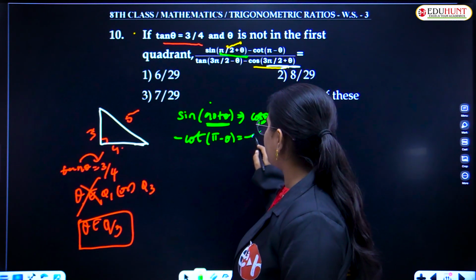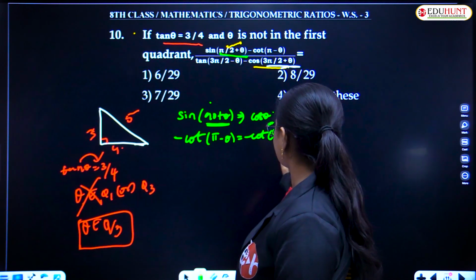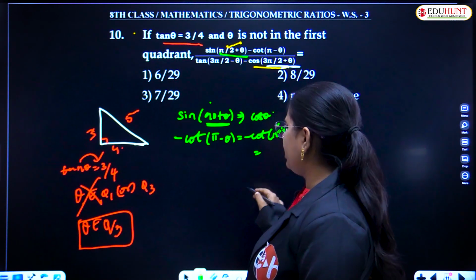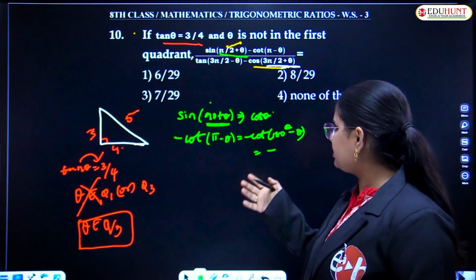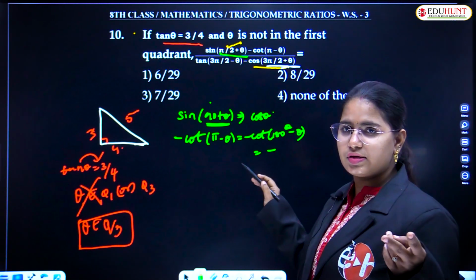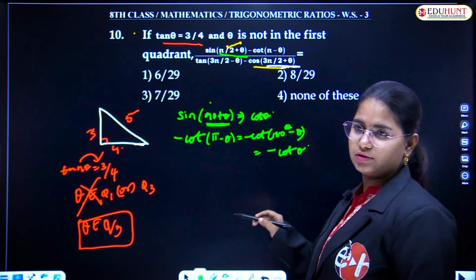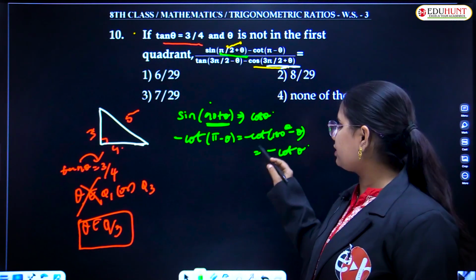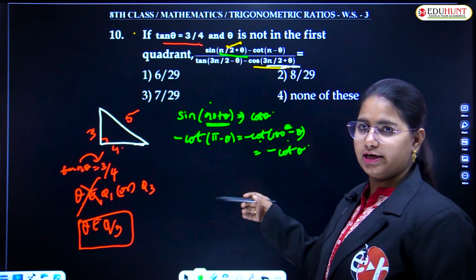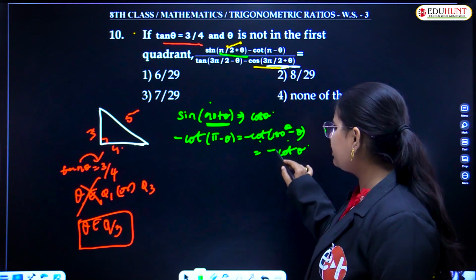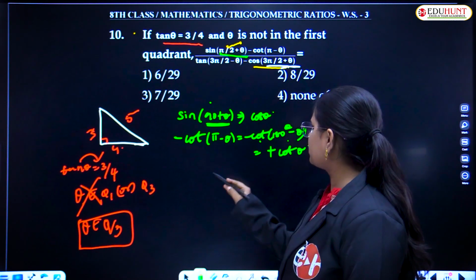Pi is nothing but 180 degree, and 180 minus theta lies in the second quadrant. Cot is negative there, and negative of negative is positive. So plus cot theta.